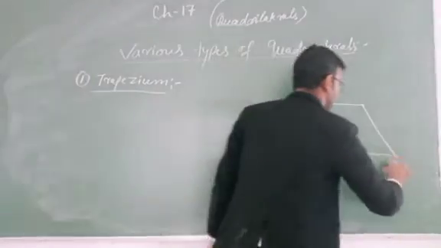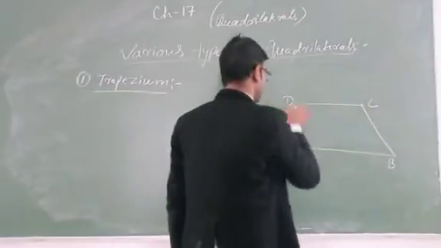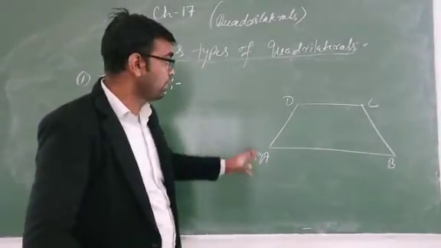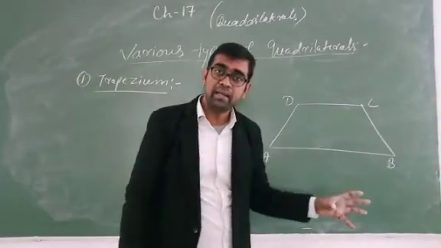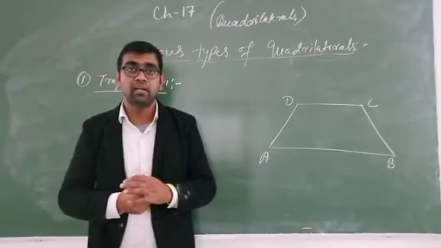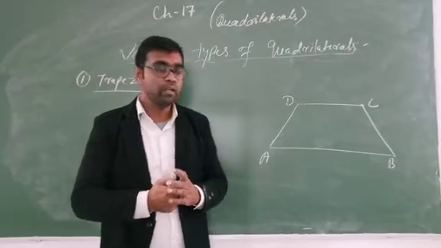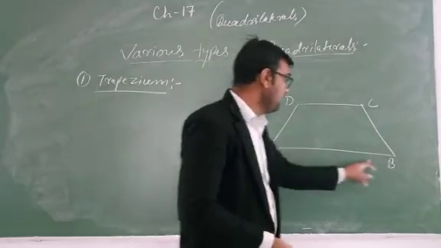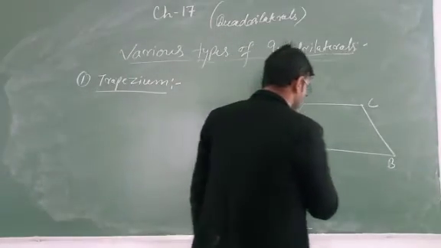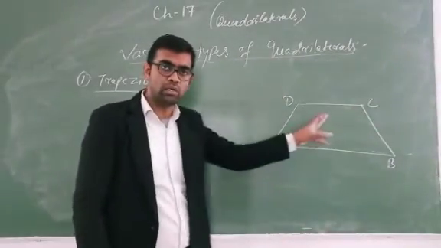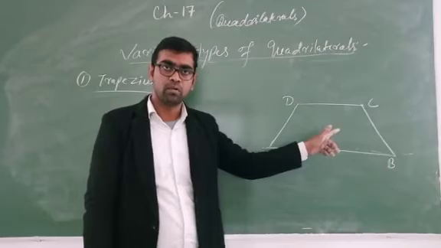Here in this figure ABCD, you have done parallel lines. Two lines are said to be parallel if they do not intersect up to infinity. When you extend line AB and line DC up to infinity, they will not intersect each other.